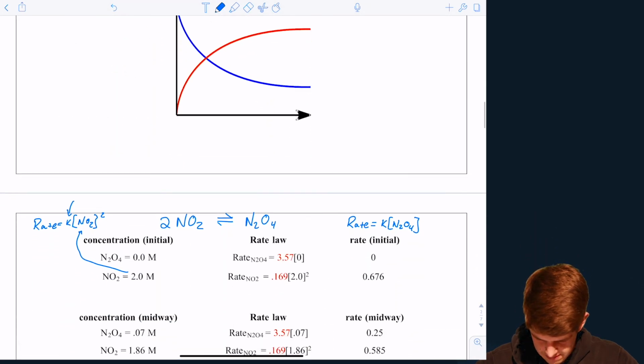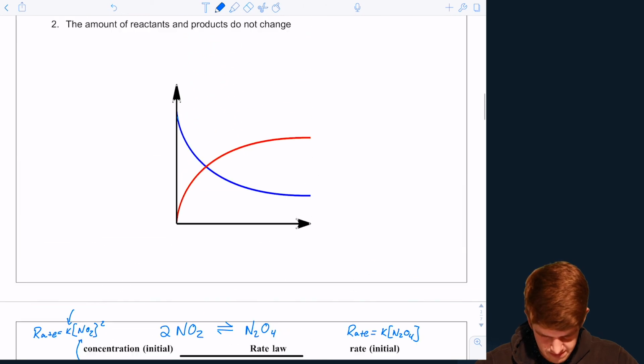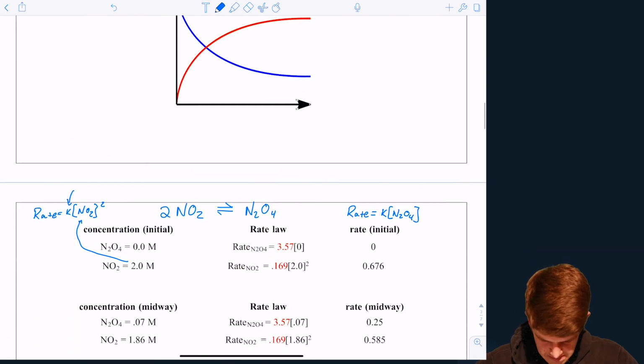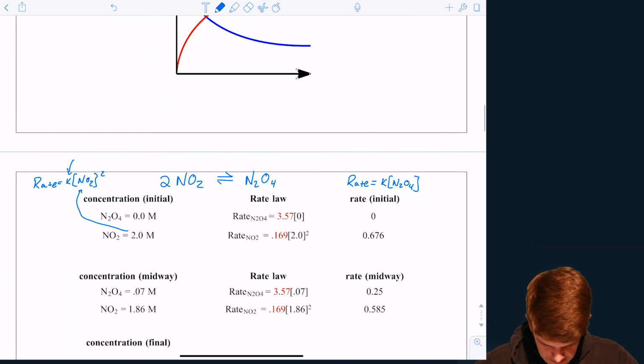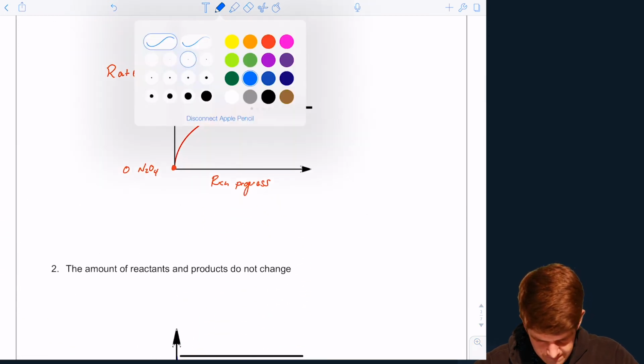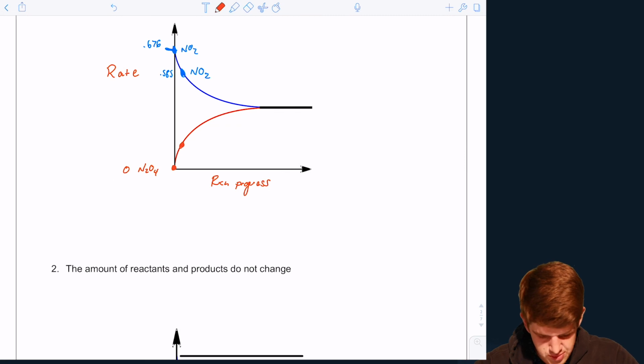It's 0.585. So let's say we're right around here now. 0.585 is my rate for NO2. And at the same time, my rate for N2O4 is now 0.25. So I'm now actually registering a rate for N2O4.